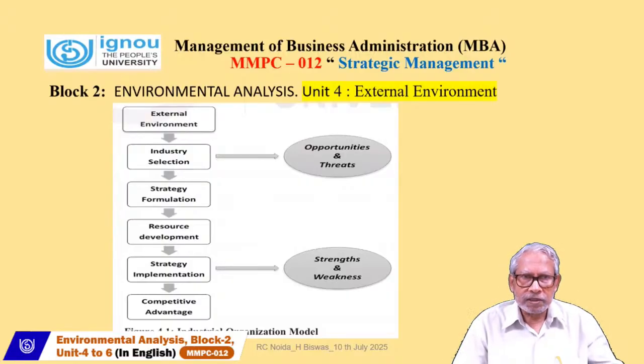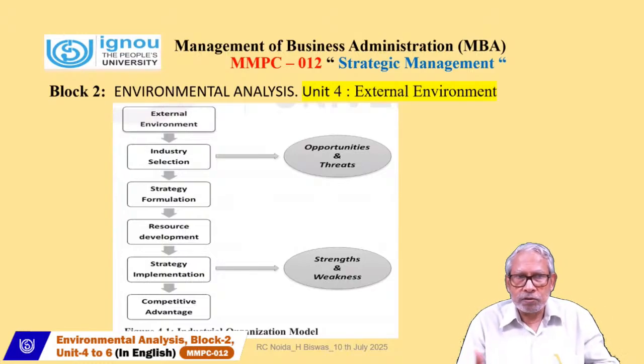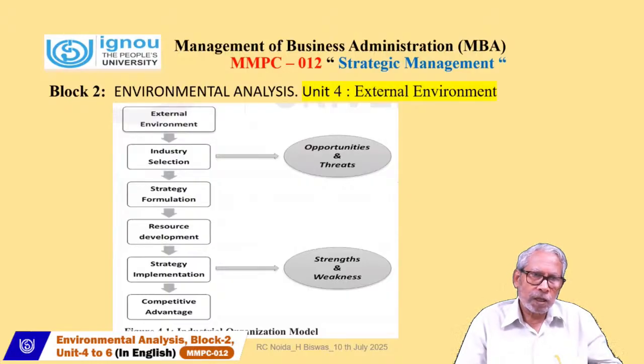So first, the external environment, then your industry selection, then based on these, which type of industry you want, that you can select. Then you can make your strategy formulation. Then finally the resource development and your implementation.